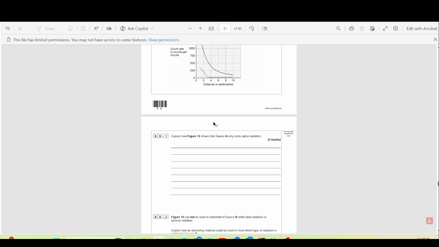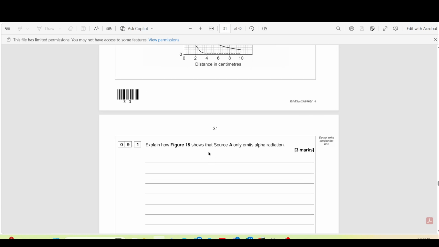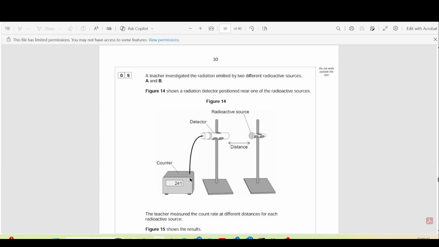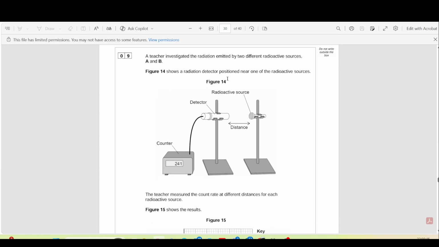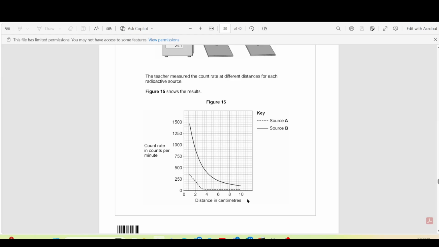Let's see the question. Explain how Figure 15 shows that source A only emits alpha radiation. So this is the graph from source A and this is from source B, the dark line. Source A stops at 350 count rate per minute, which is its maximum.